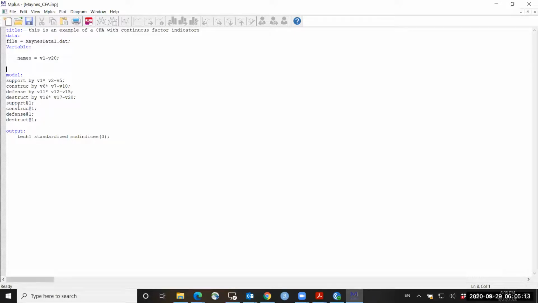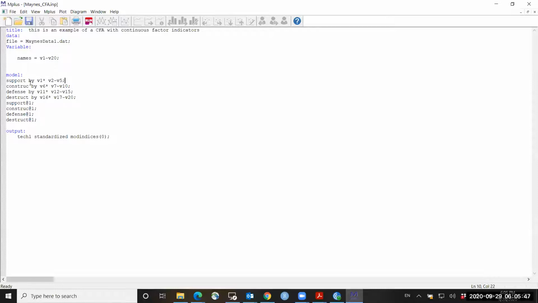Now, when you set up the measurement model for a latent variable in structural equation modeling, you need to set a constraint to provide the scale of the latent variable. And the options are to set the factor variance to 1 or set the first one of the loadings to 1. Mplus by default sets the factor loading of the first indicator to 1, right?